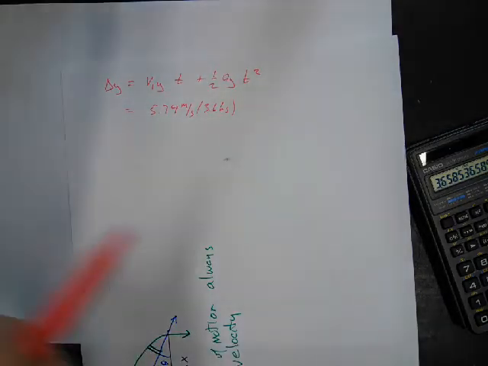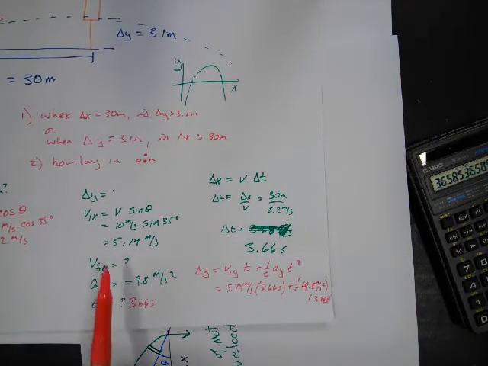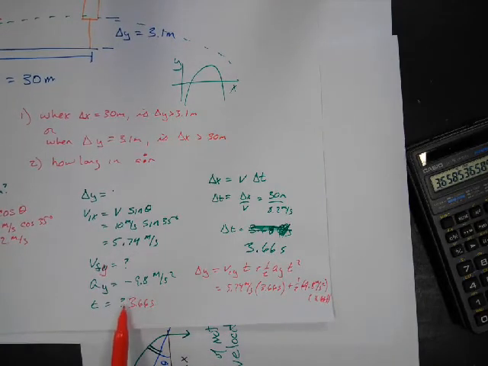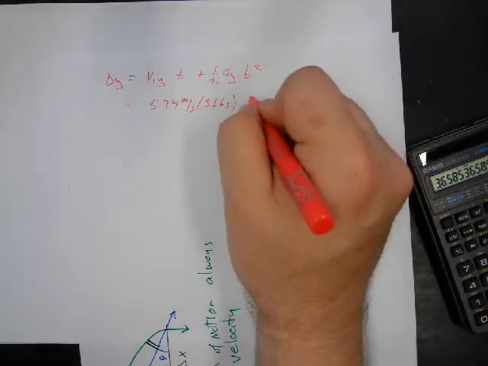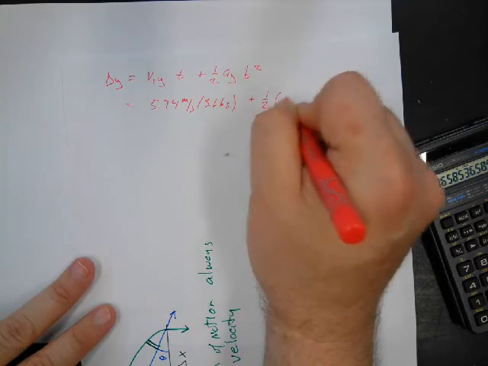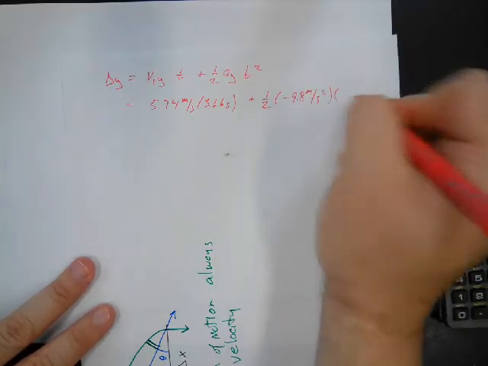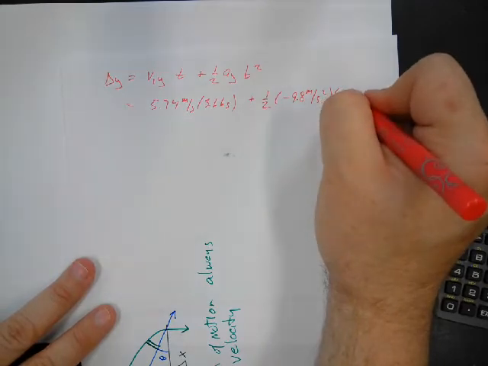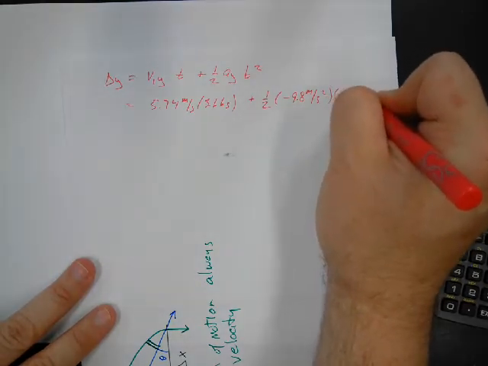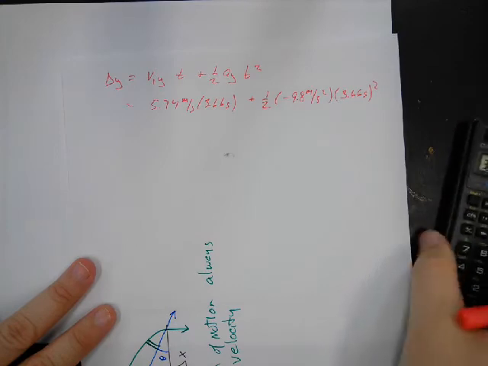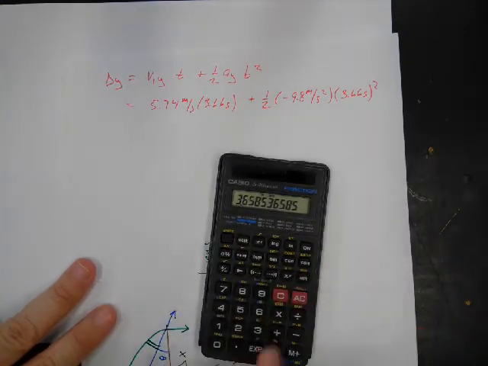And so you can see there's our information: there's v initial, there's our time, and then we're going to do plus 1/2 minus 9.8 meters per second squared and 3.66 seconds squared.